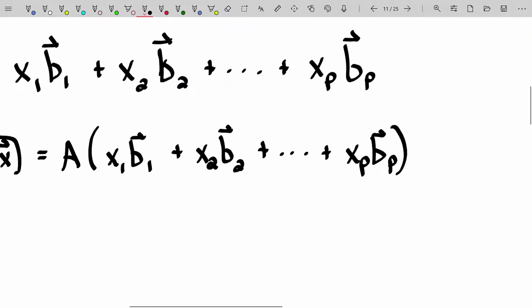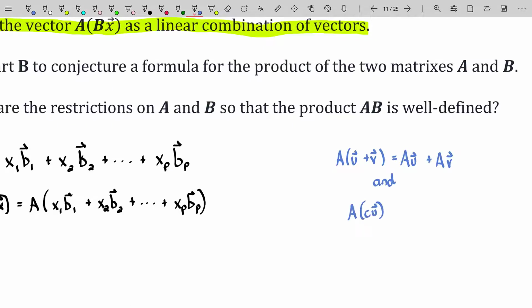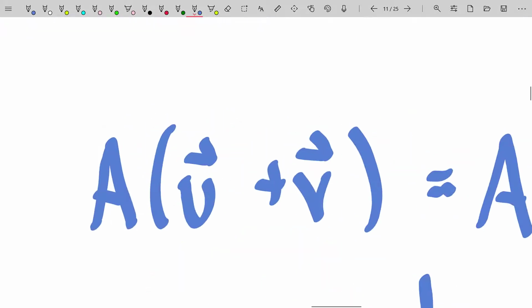And that is because we happen to have a property way back when, it's called Theorem 5 in the textbook that I use, but the property says the following: that a matrix A times the sum of vectors is actually A times the first vector plus A times the second vector. Now, I should mention, this is if the multiplications are well defined.